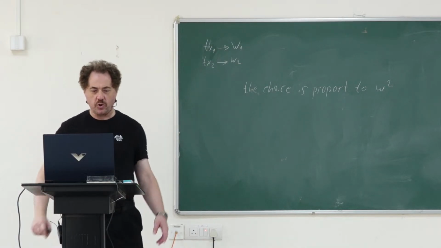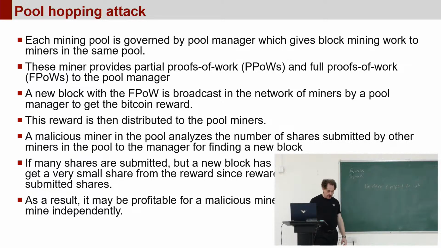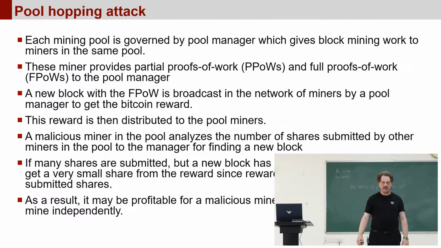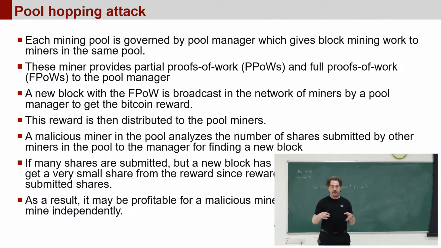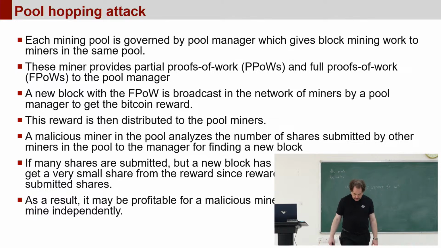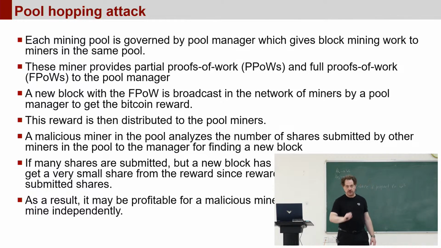Another attack I'm going to mention is called the pool hopping attack. The general point here is that some of the attacks could be on the mining pools. We saw in the lecture on Bitcoin that individual miners self-organize and create mining pools in order to make sure that their profits are more predictable for a given period of time, so as to reduce the variability of profits.